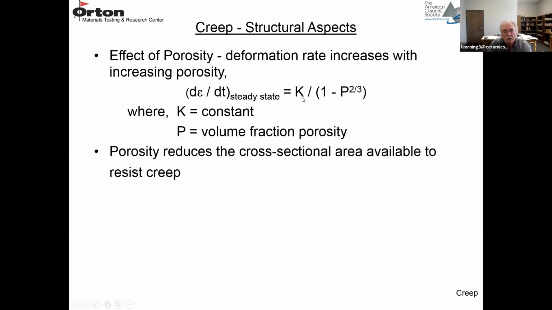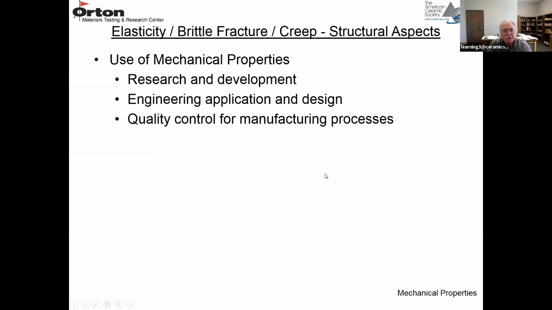Another empirical equation, k is a constant, p is the volume fraction of porosity. So as you increase the volume fraction of porosity, this strain rate increases. So increasing porosity increases the creep rate.